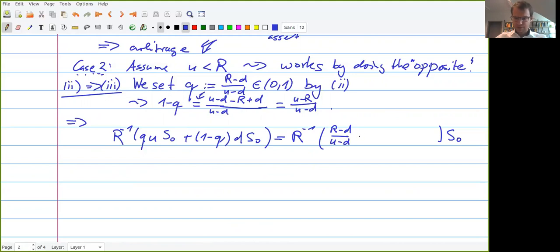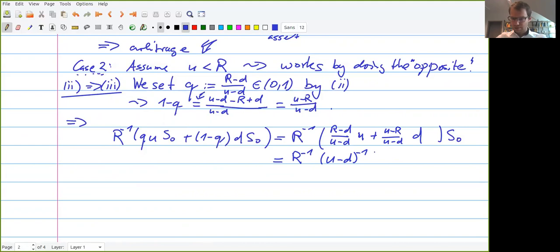So this here is u. So this is the first term. Now this is why I calculated 1 minus q. Well, this is just u minus r divided by u minus d, multiplied with d. All right, it's nice. So how can we simplify this term here? These ud plus ud, they cancel. So what we have here comes from these two terms.